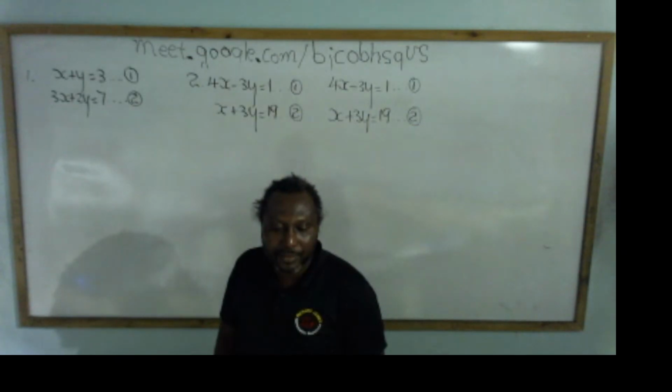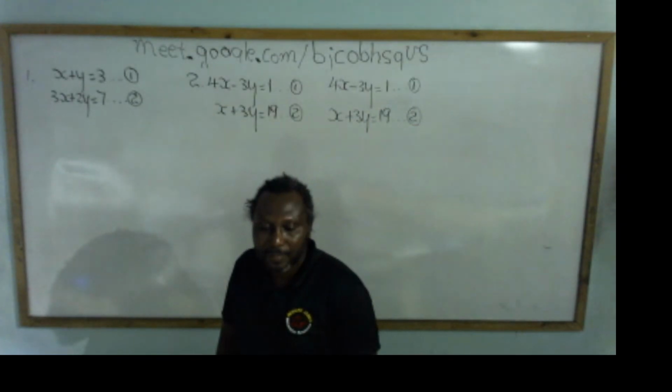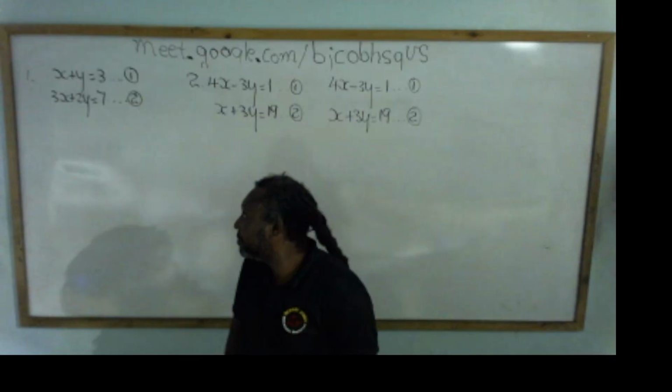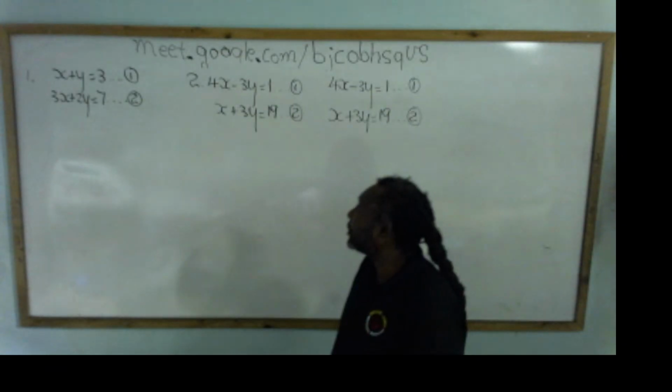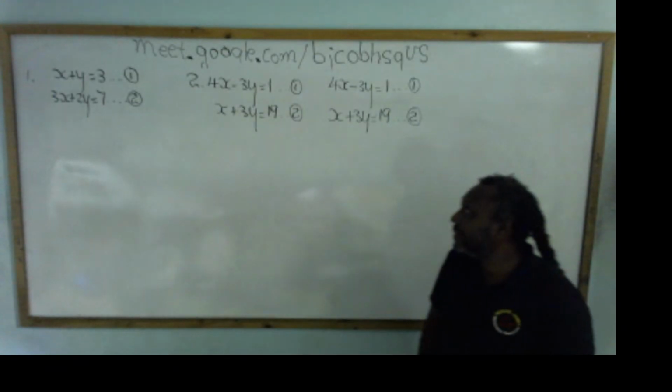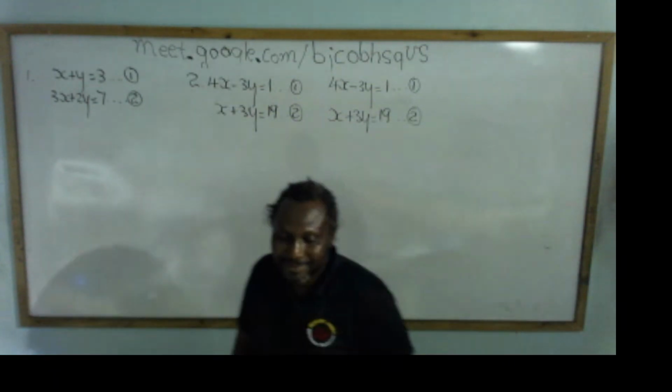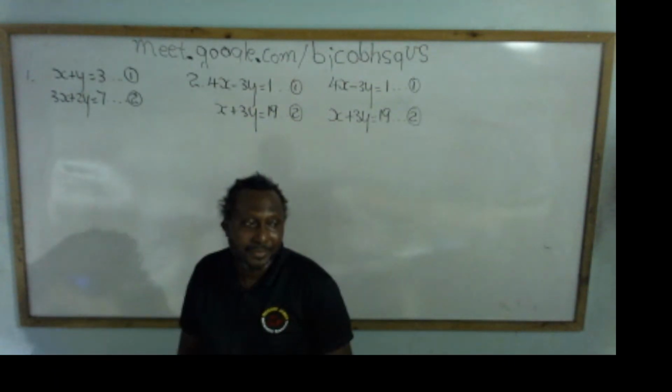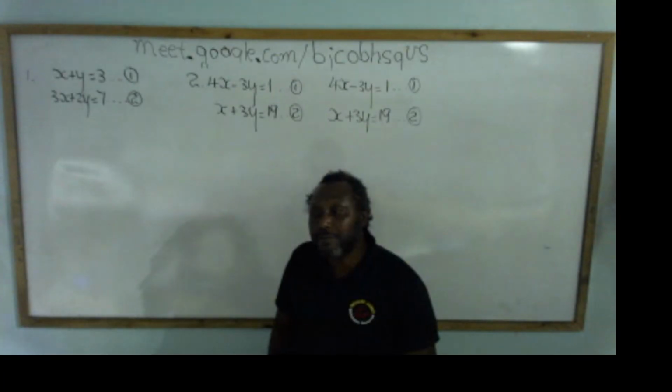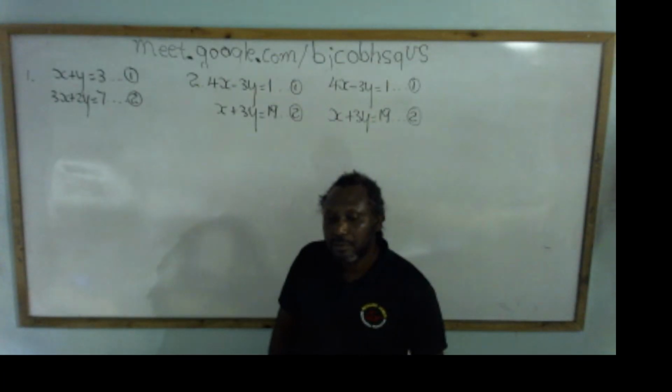We're going to be solving a pair of simultaneous equations by substitution. When you're solving a pair of simultaneous equations, we take steps to reduce the system of two equations in two unknowns to a single equation in one unknown.